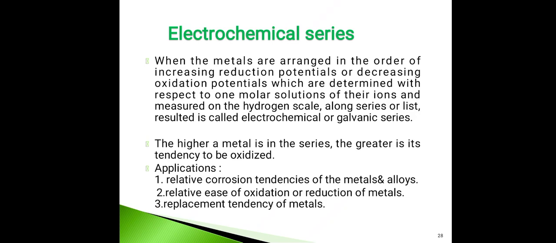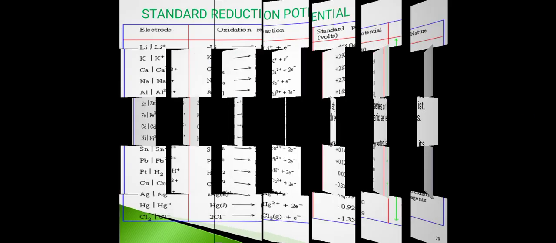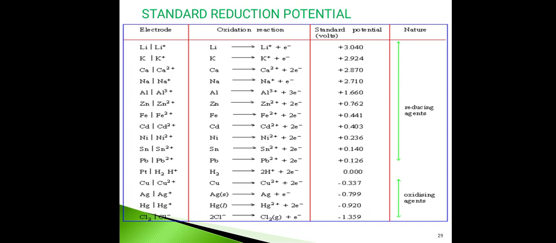The main application is that we can determine the corrosive tendencies of metals and alloys, and it is very easy to understand the ease of oxidation and reduction of the metals. The third one is the replacement tendency of the metals. These three are very important applications.